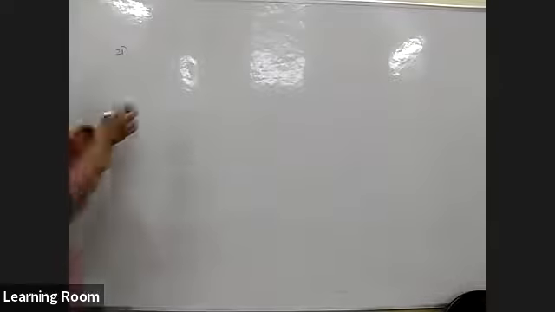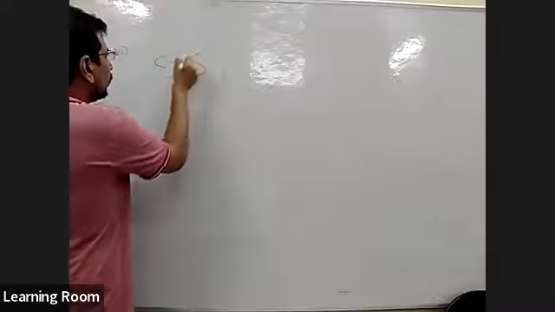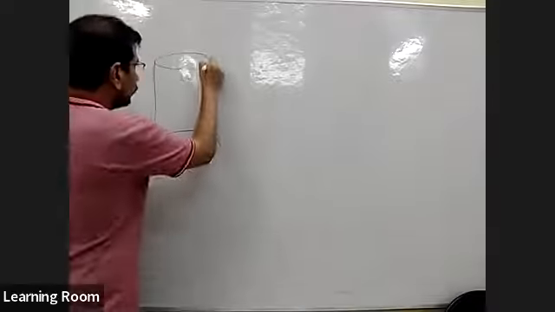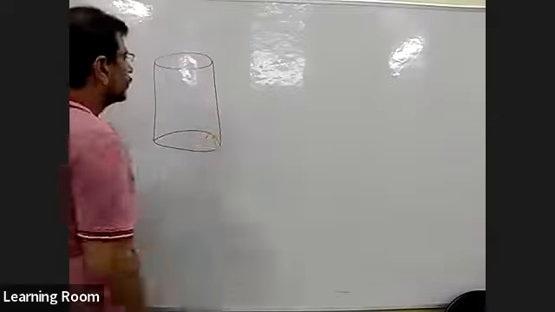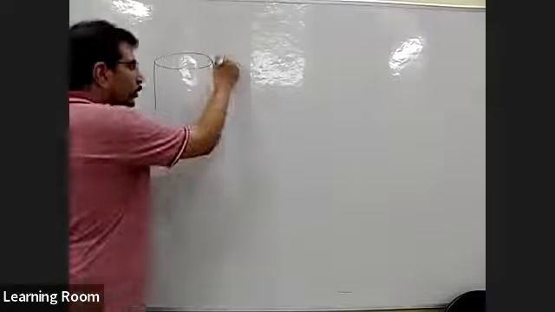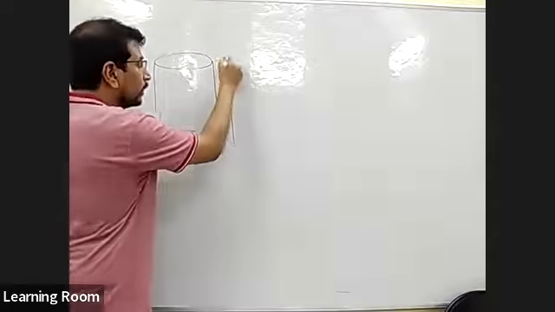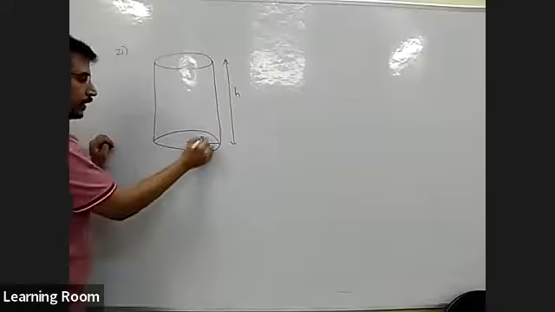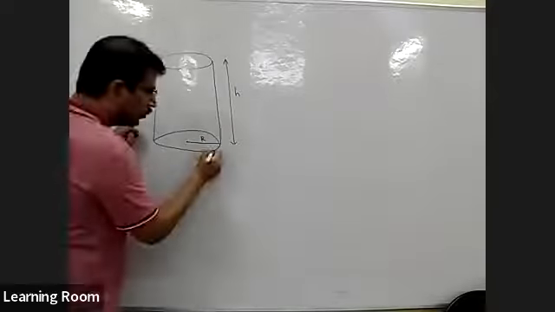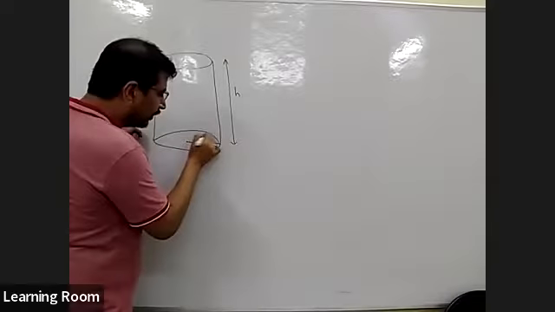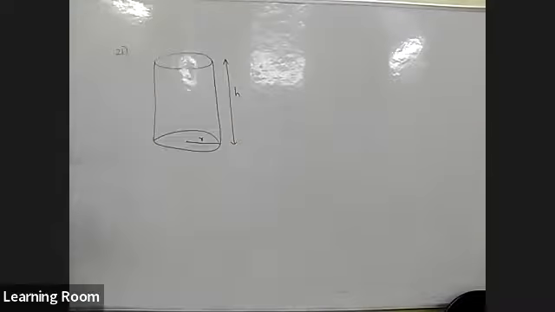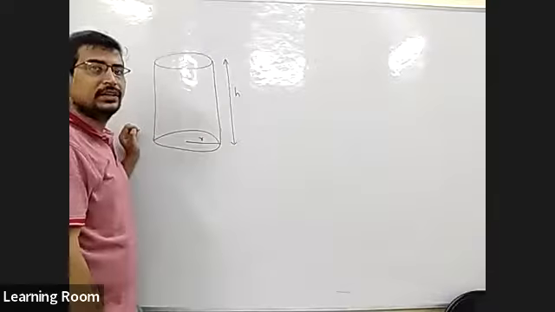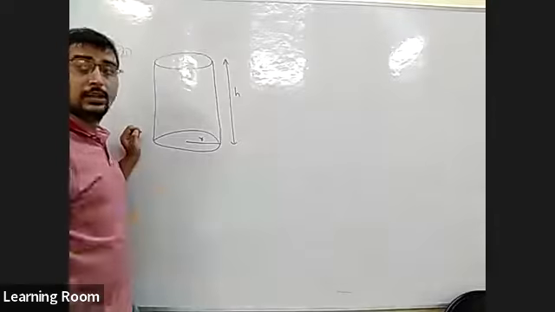Volume is fixed. So if you take a right circular cylinder, the right circular cylinder will have what all parameters associated? It will have its height and it will have its radius, correct? So tell me one thing, is the height and radius constant when they say a cylinder of given volume?